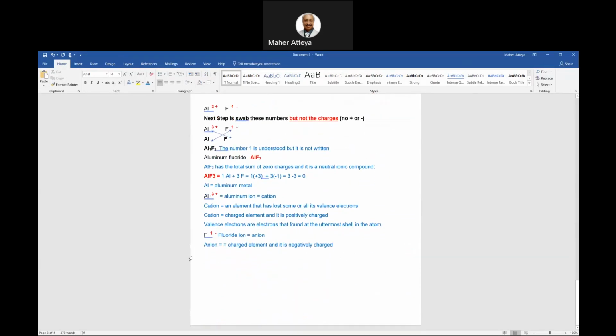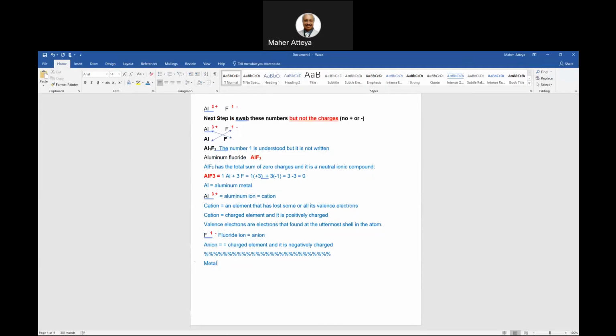This is one of the very important things. They will come back to you. As a matter of fact, the ACS exam puts a lot of emphasis on this in CHEM 1211.